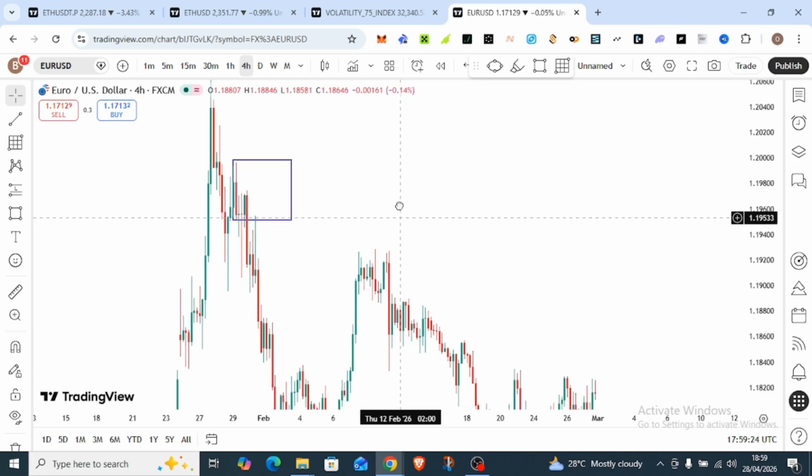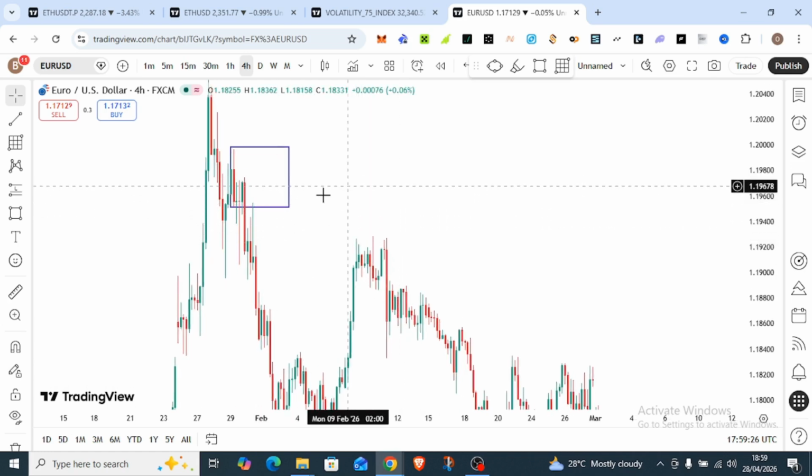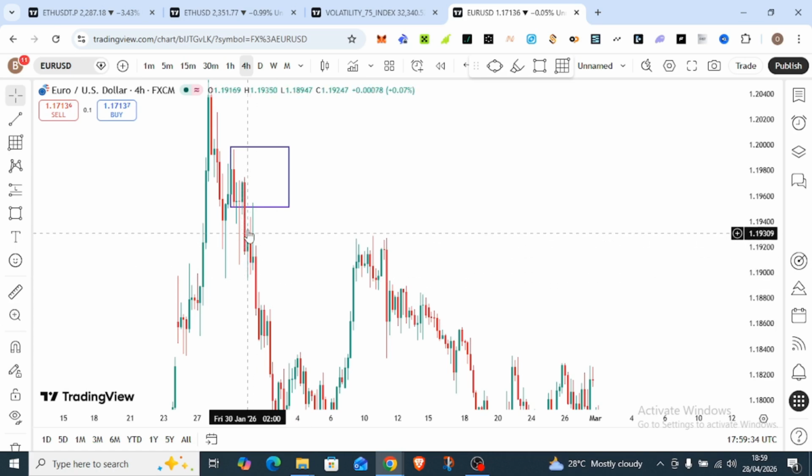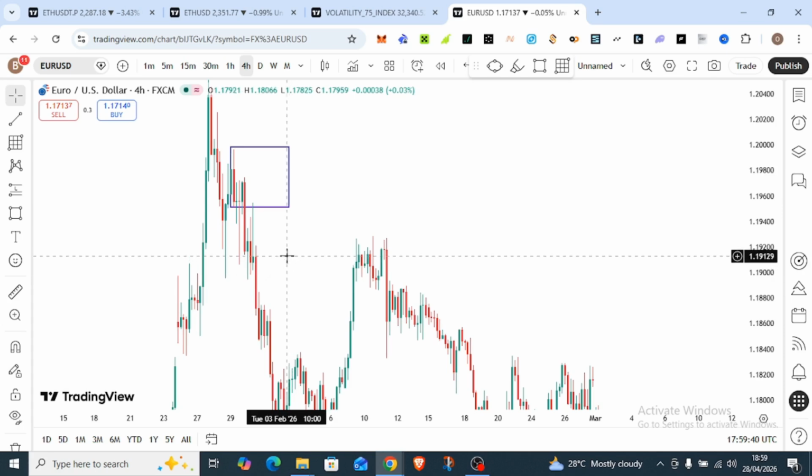And one of the rules is that the order block must be unmitigated. So there is a break of structure here, and the high of this candle was taken by this. So this becomes our order block too.